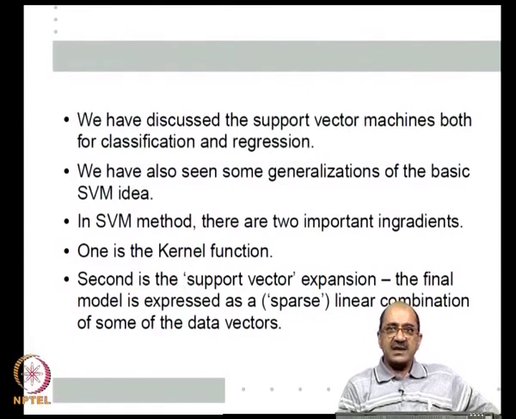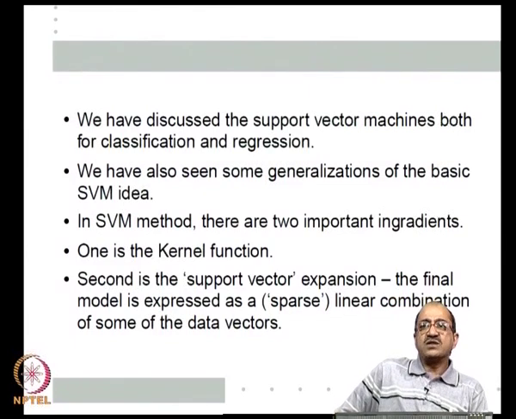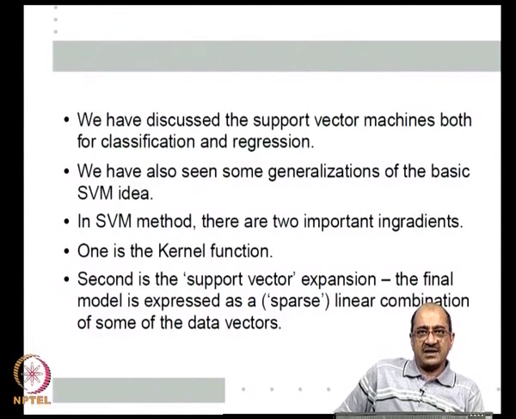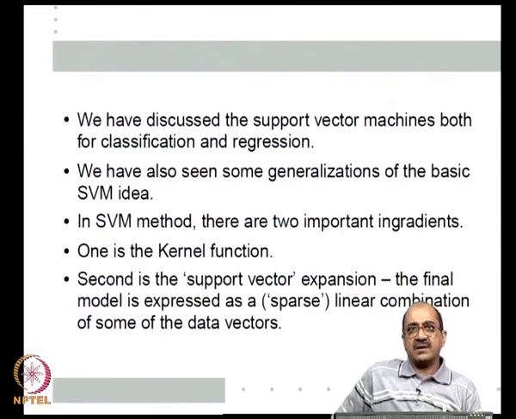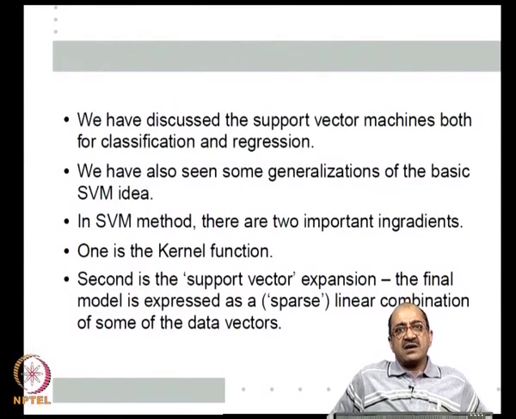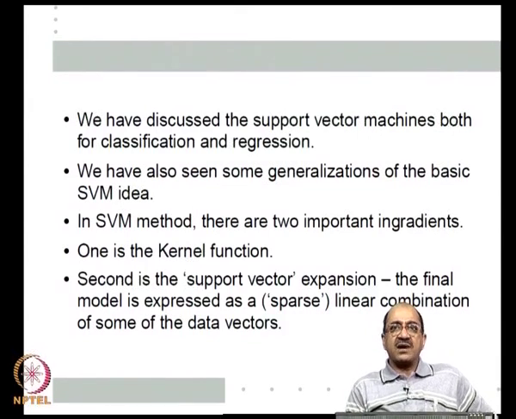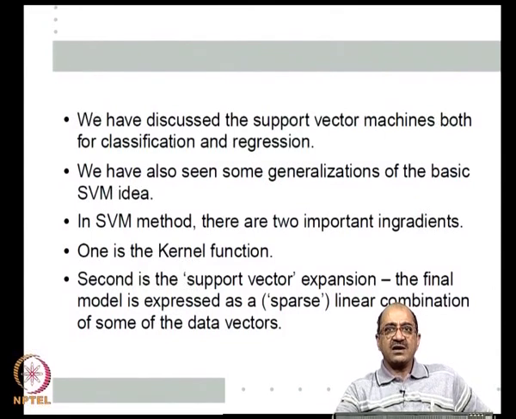If I look at all the SVM type ideas, kernels are one important idea. An equally important idea, which allowed us to use the kernel idea in the first place, is that the final function admits a representation in terms of kernel functions. In the SVM, the final W is a linear combination of data vectors, and hence the discriminant function can be expressed as a linear combination of kernel function values.